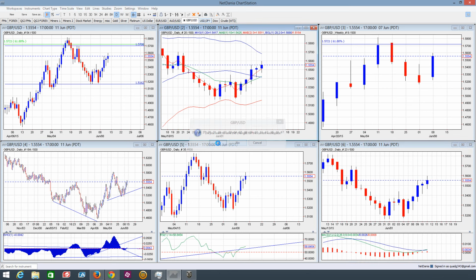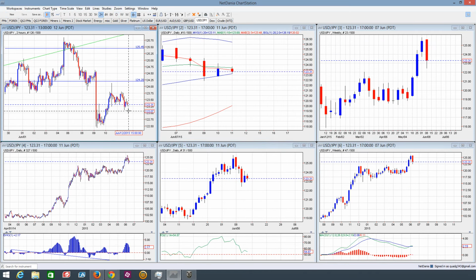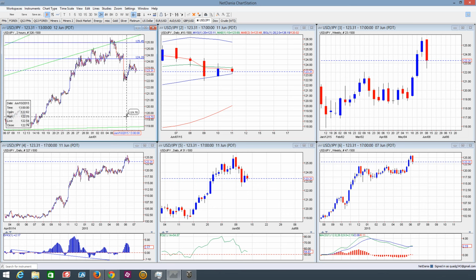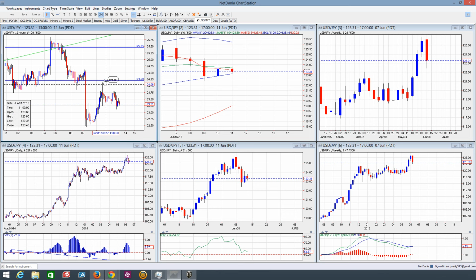Take a look at the USD JPY. All right, so it looks to me as though currently we only have 3 waves up to the upside, which is corrective, and now we're starting to peel off to the downside.